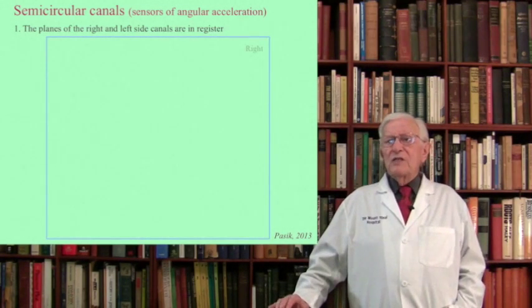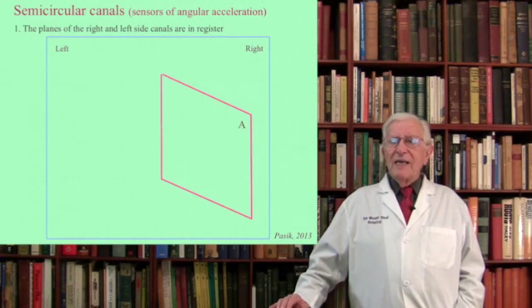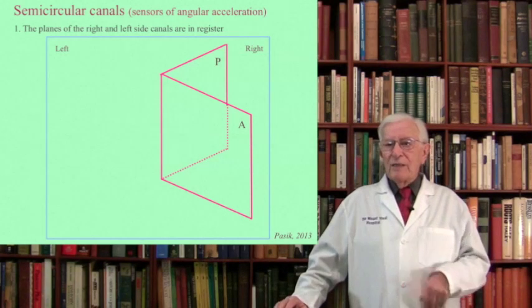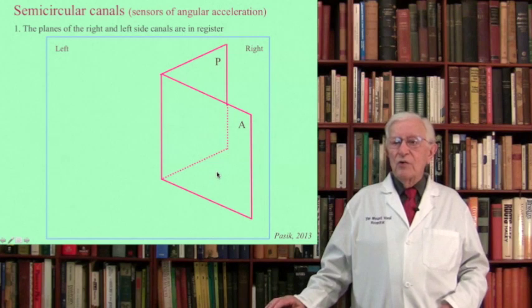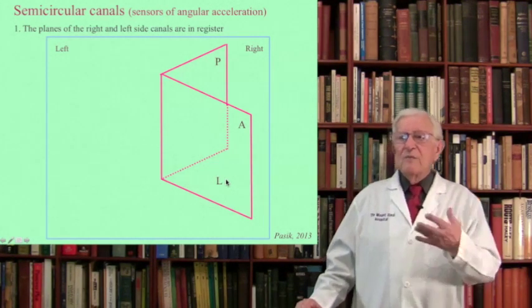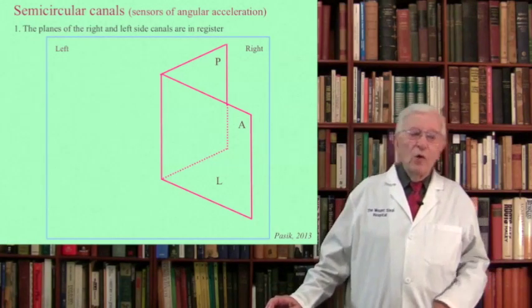For instance, here on the right side, you have an anterior plane, and perpendicular to that, a posterior plane. And between the two, at the base, is the horizontal or lateral plane. These are the planes where the canals are located.